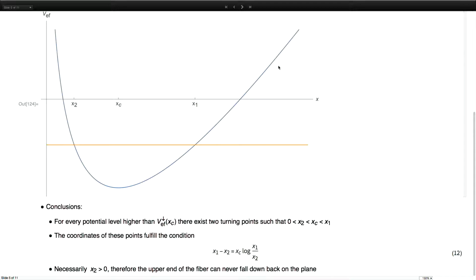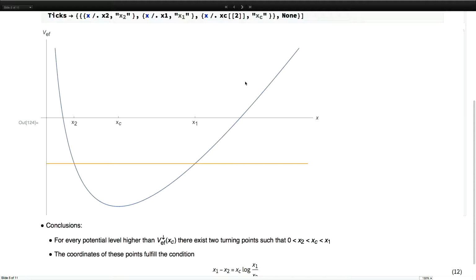The coordinates of these points fulfill the conditions 12, as you can see on the graph here. Necessarily x2 is greater than 0, therefore the upper end of the fiber can never fall back down on the plane.